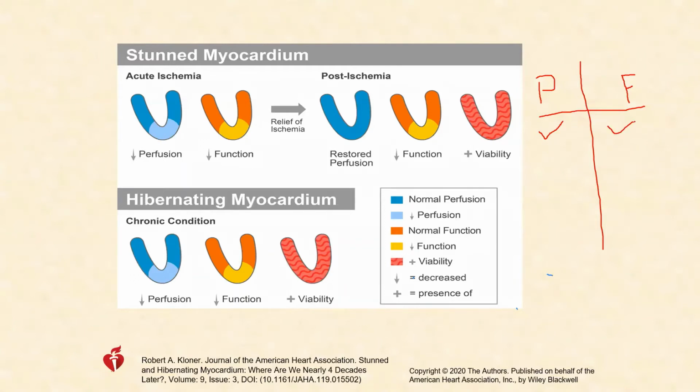If there is perfusion, there is function. Now, if I don't have perfusion, I don't have function. This is also commonsensical, because if you don't have perfusion, you don't have the blood supply for the muscle to contract.